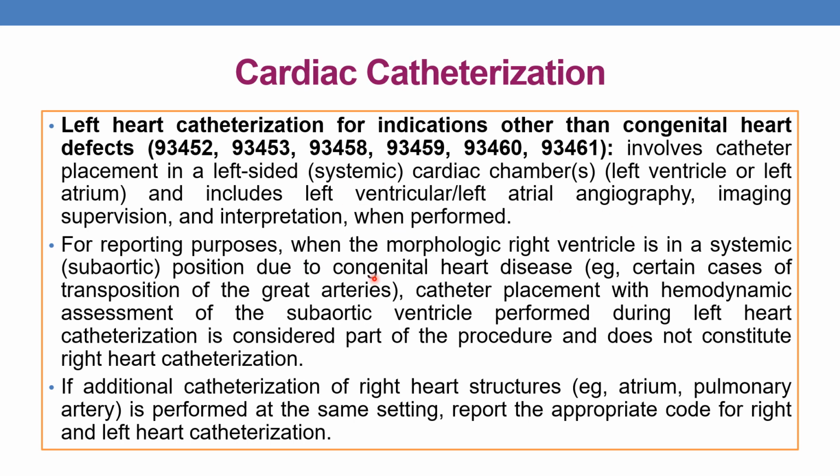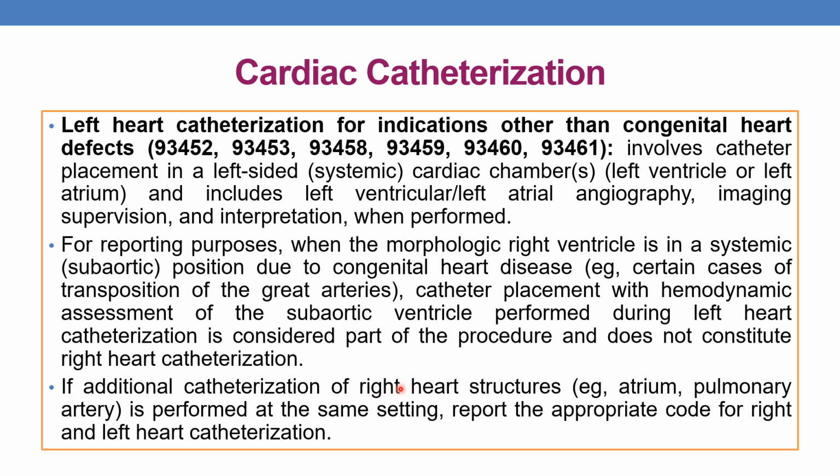For reporting purposes, when the morphologic right ventricle is in the systemic, subaortic position due to congenital heart disease, for example, certain cases of transposition of the great arteries, catheter placement with hemodynamic assessment of the subaortic ventricle performed during the left heart catheterization is considered a part of the procedure and does not constitute right heart catheterization.